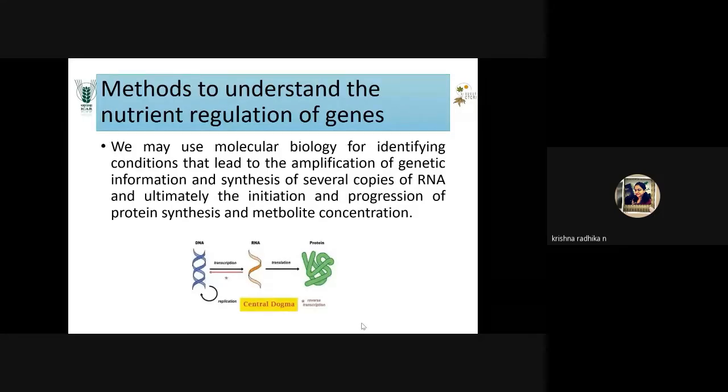We may use molecular biology for identifying the conditions that lead to the amplification of genetic information and synthesis of several copies of RNA, and ultimately the initiation and progression of protein synthesis and metabolite concentration.